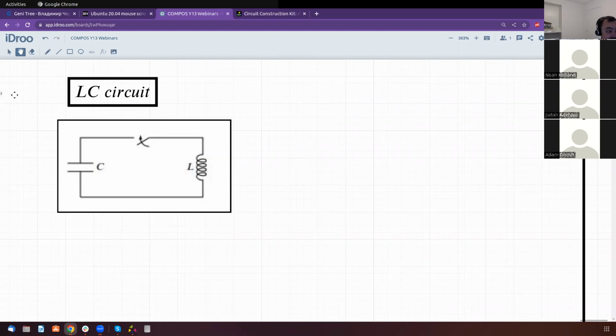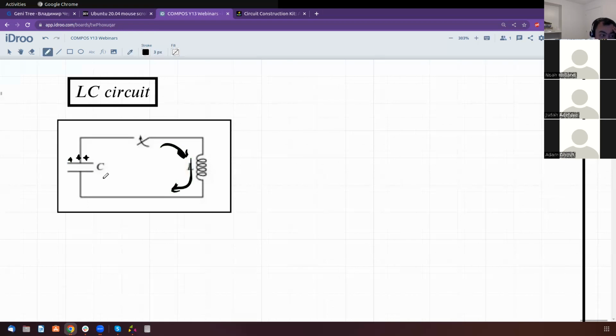When you charge the capacitor, it starts to discharge through the inductor. But the inductor does not like change, and once the current is decreasing, because as the capacitor discharges, it will try to increase the current. So it will keep current flowing even when the capacitor is discharged.